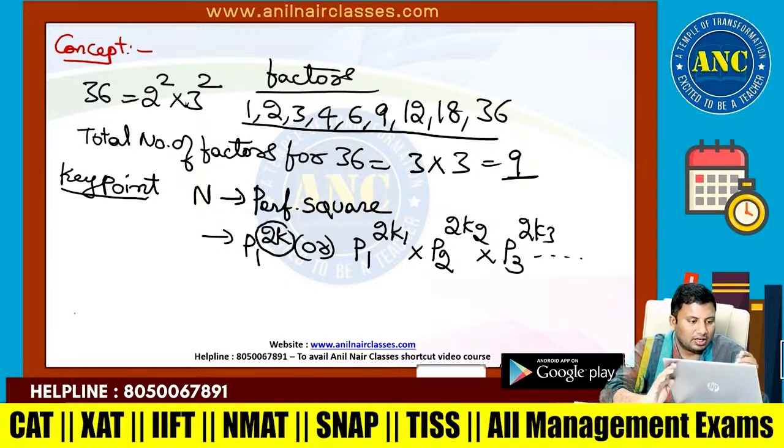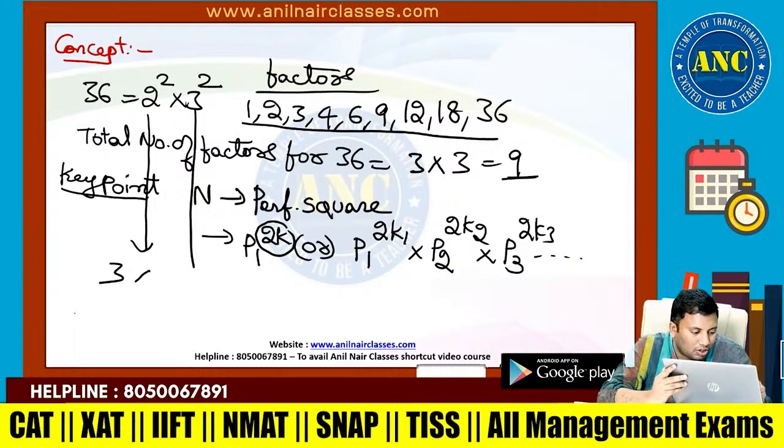If it is 2 square, 0 to 2 is 3. Here 0 to 2, how much will I get? 3. 3 into 3, total how much is it? 9.